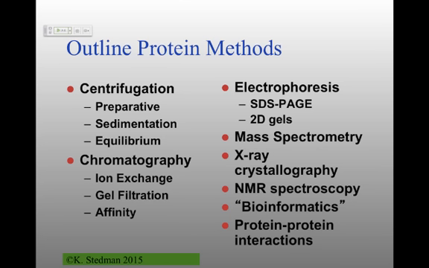The bioinformatic process is basically taking advantage of the fact that people have done all this work already and comparing what you have to what other people have already found. And if you're lucky, then people have done all the really hard work and you can come in and collect all the spoils. And if we get to it, we'll talk about protein-protein interactions today. Probably end up talking about those again on Wednesday. Let's start out with centrifugation.